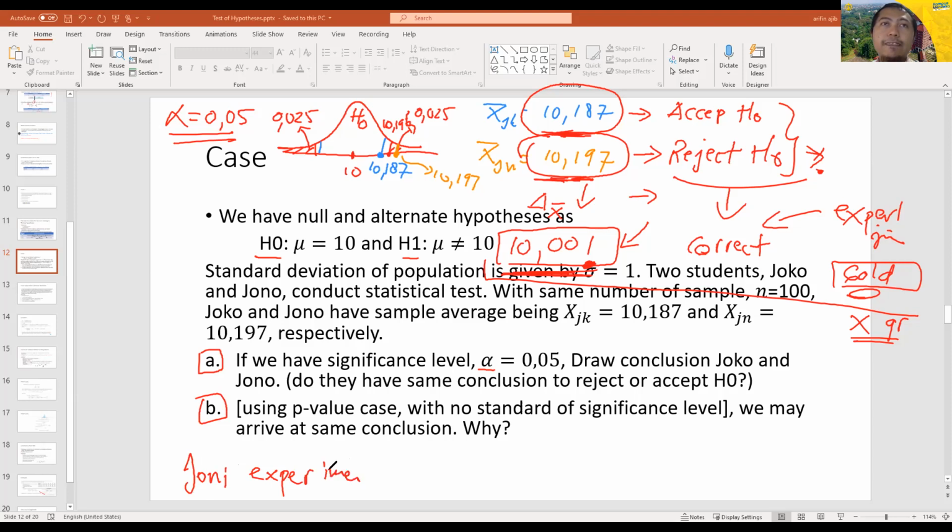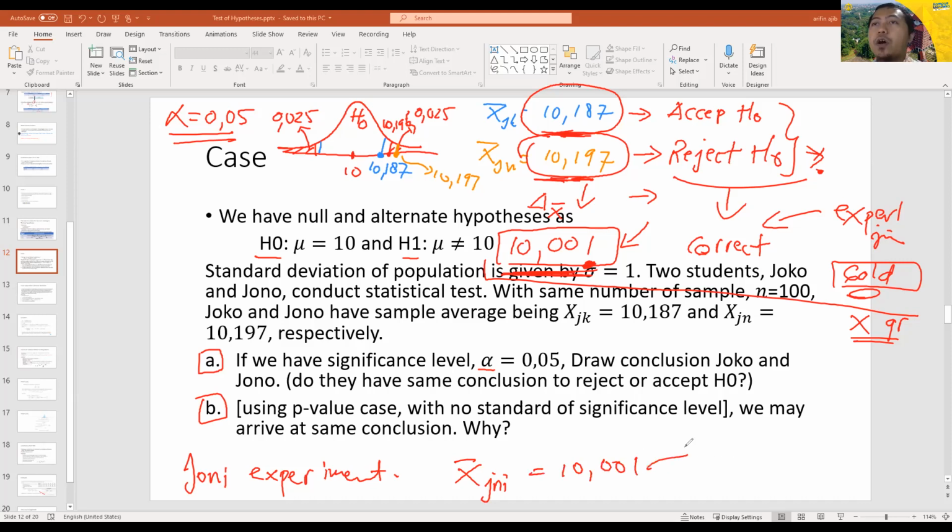Using a good quality product or good quality measurement tools, we arrive at a sample average for Johnny of 10.001.